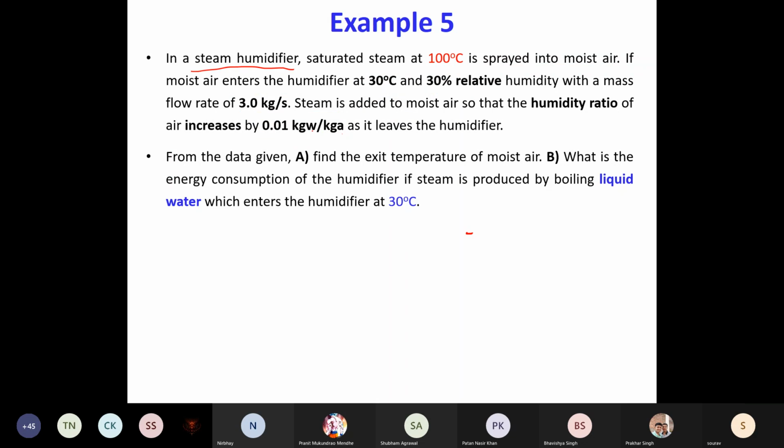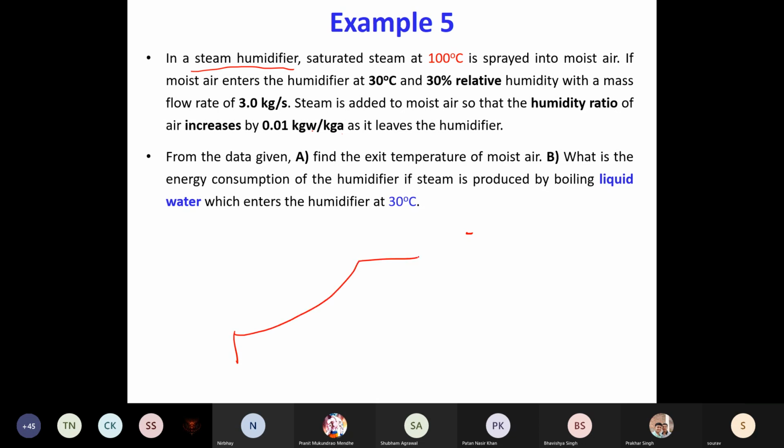Okay. And what is the energy consumption of the humidifier if steam is produced by boiling liquid water which enters the humidifier at 30 degrees? So let's first try to answer the first part. Find the exit temperature of moist air.